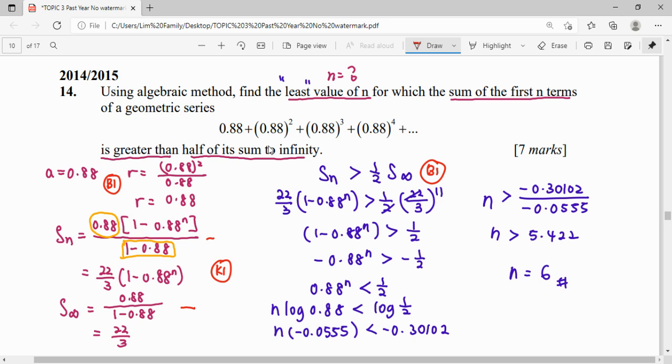When you want to solve it, we have to log both sides, and get into the negative sign, then divide. Then finally, we come to the answer, which is 6. So this is our inequality first, then only we come to the least value n equals 6.